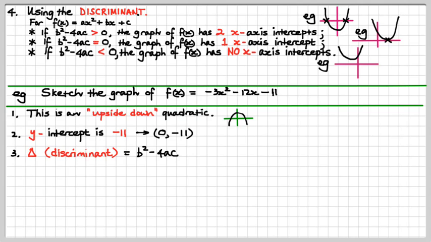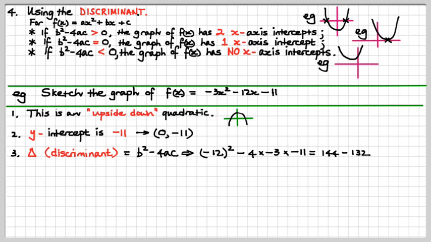Now, let's have a look at the discriminant and see how many solutions we're expecting. We've got this newfound power from point 4 at the top of the screen. What's b? b is minus 12, a is minus 3 and c is minus 11. So what does it come to?